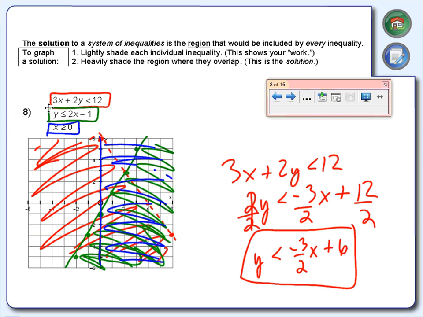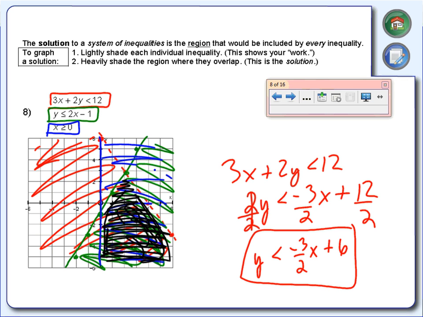All right, so now we got to dig through there and see if we can find out where the regions overlap each other. Where do all 3 colors overlap? Be real careful here. All right, so it looks like it's going to be right in this area, right here. This is where all 3 intersect or meet.